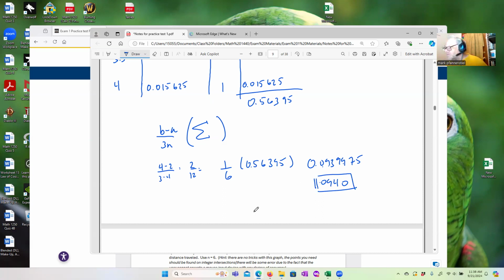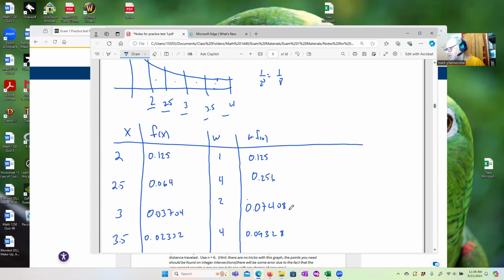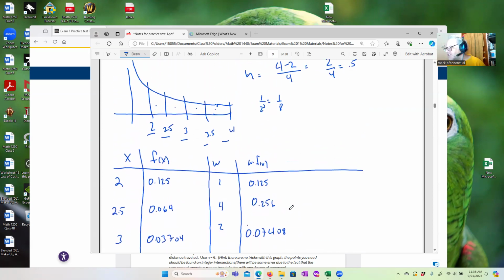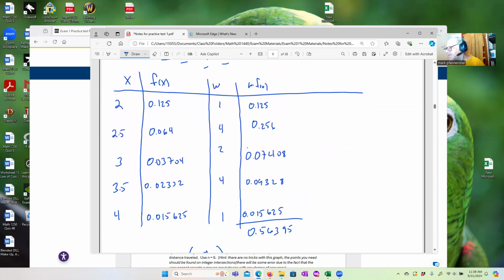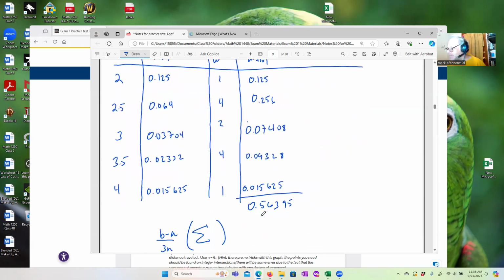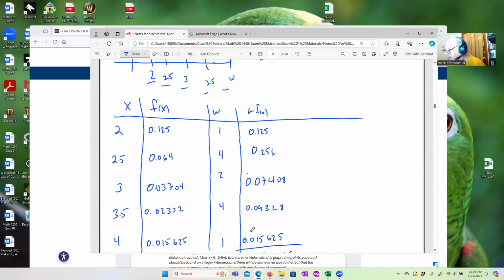So you will be afforded the formula for Simpson's rule. I just want to make sure, hey, if somebody asks you to do this, would you have an idea of how to set this up? Did you practice setting up tables and dealing with these formulas, keeping all of your numbers straight? Most of the people in this class are lab students. You guys are very good at making tables and keeping your numbers straight.